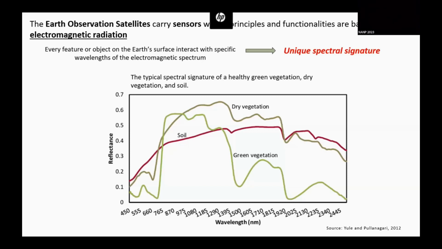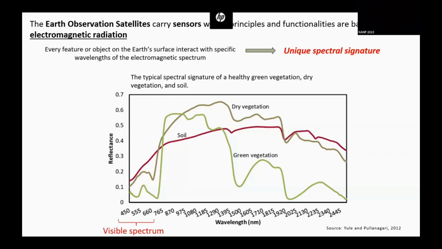That means I can use satellites to monitor forage production in agriculture because every feature or object on the Earth's surface interacts with specific wavelengths of the electromagnetic spectrum, and they result in a unique spectral signature. Here I give you an example of the typical spectral signature of healthy green vegetation, dry vegetation, and soil. And you can see that each one has a unique spectral signature.